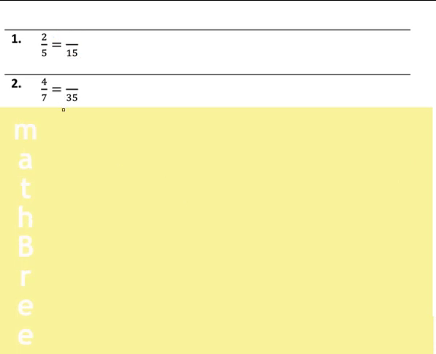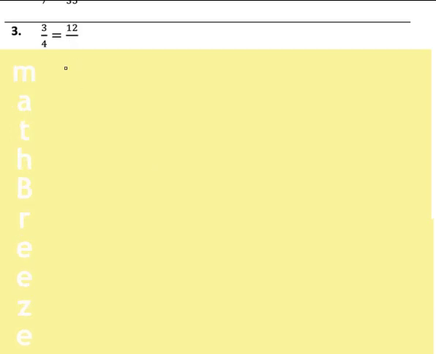In number 2, we want an equivalent fraction, something equivalent to 4/7, whose denominator is 35. So we say to ourselves, well, 7 times 5 is 35, so let's put the 5 over there. And so if we multiply the numerator by 5 as well, we'll get an equivalent fraction. 5 times 4 is 20. So here's our equivalent fraction.